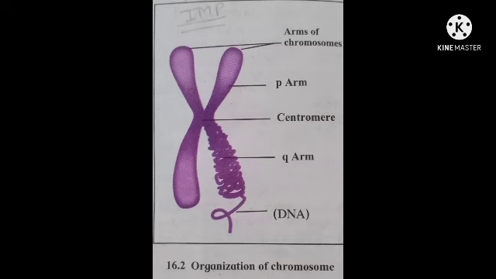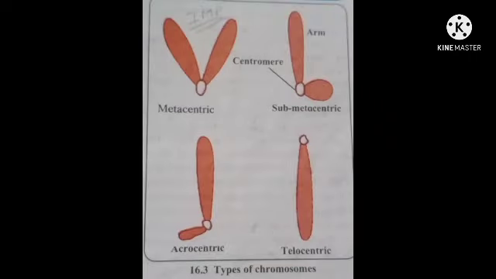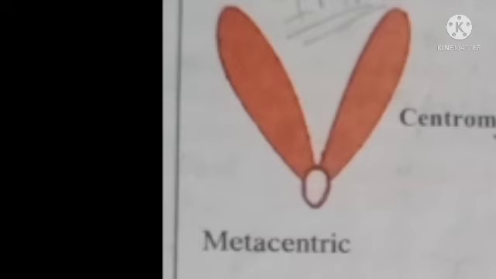Depending upon this, there are 4 types of chromosome. Let us see what we name them. First one is metacentric, second one is submetacentric, third one is acrocentric, and fourth one is telocentric.